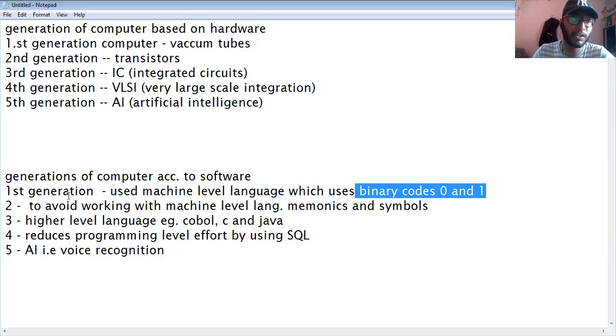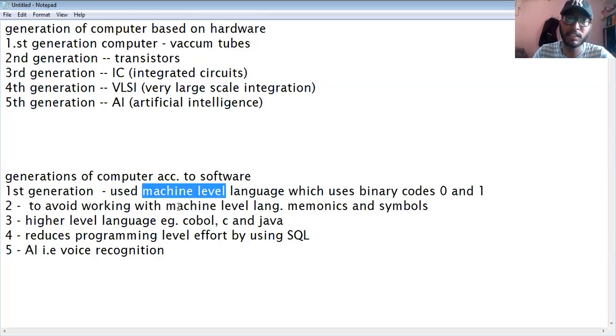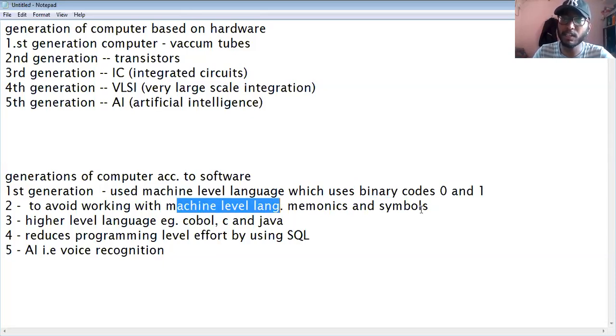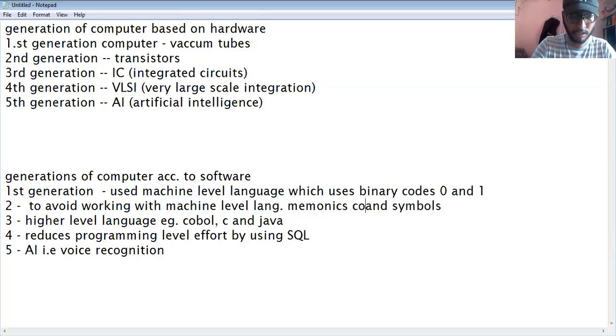Then comes the second generation. According to software, to avoid machine language, they started using mnemonic codes and symbols. Why? Because each and every alphabet character also has a binary code. Imagine A is 00001, and B's binary code will be 00010.